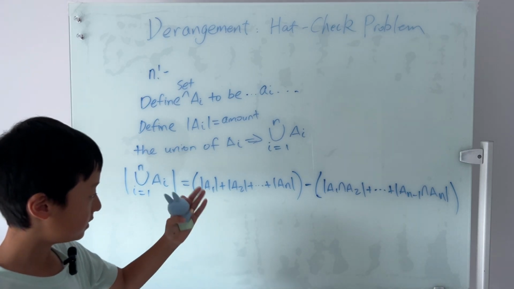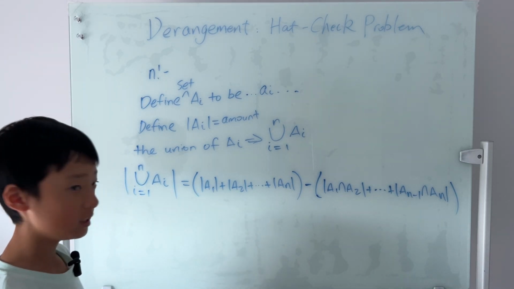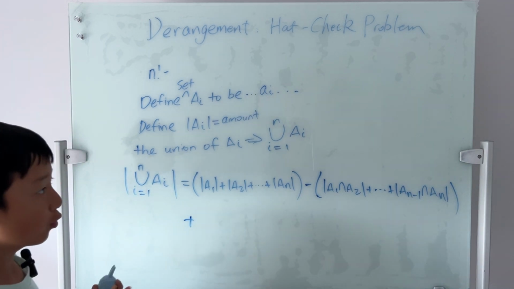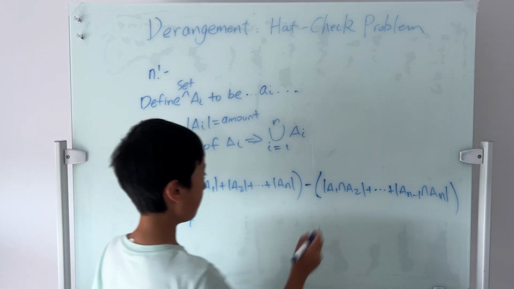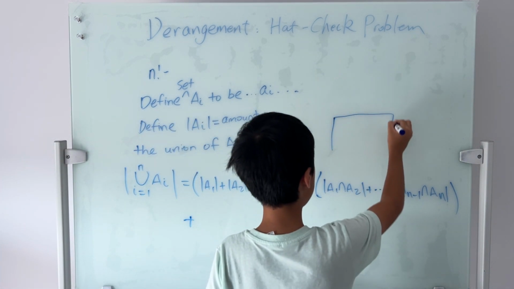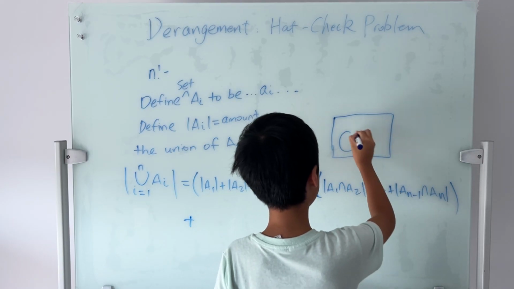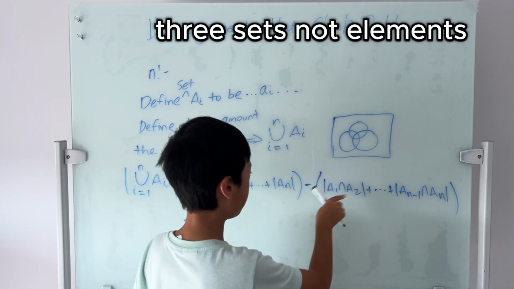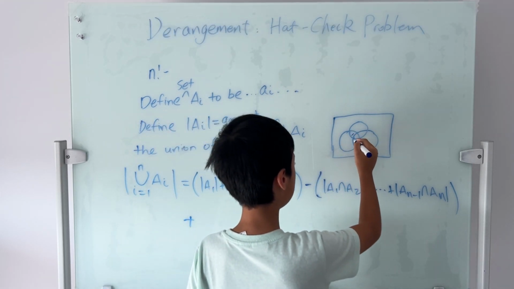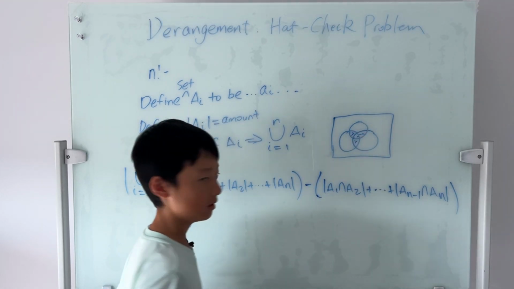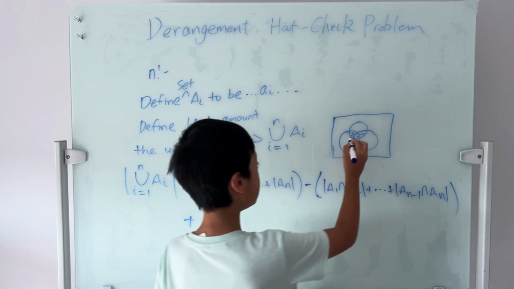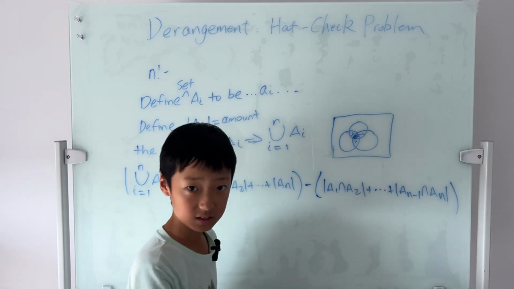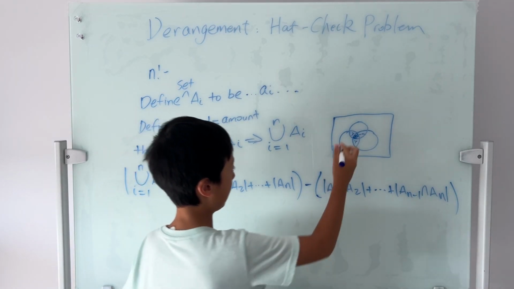Now, is this it? Actually, no. Now we have to add something. Why? I'm going to give you a quick diagram. The simplest case is that we have 3 elements. We subtracted off the pairs, but we actually subtracted this off. We basically deleted it, so we need to add this back.